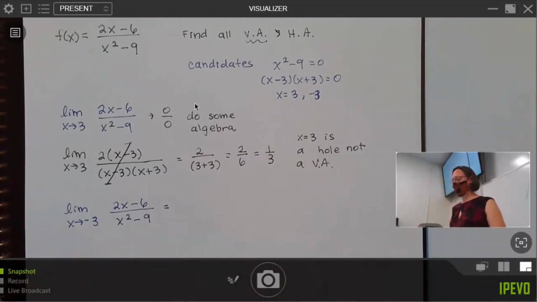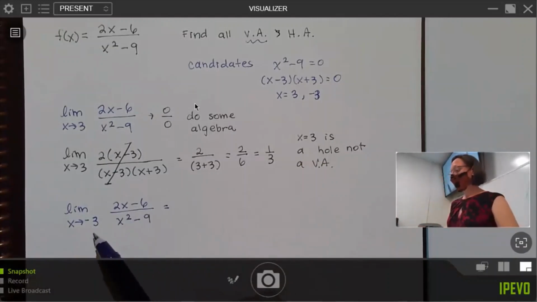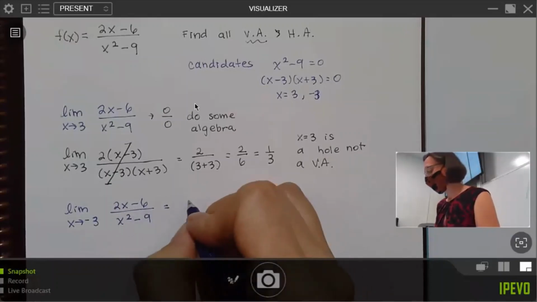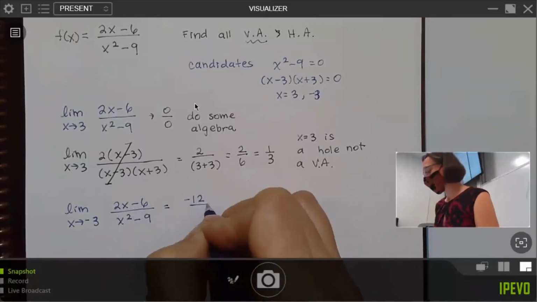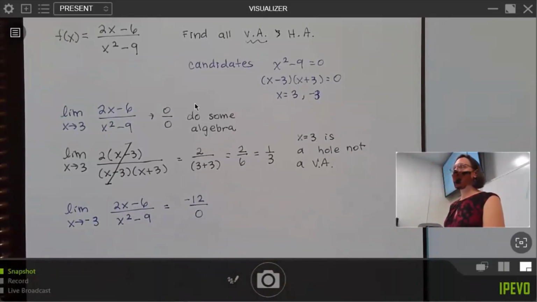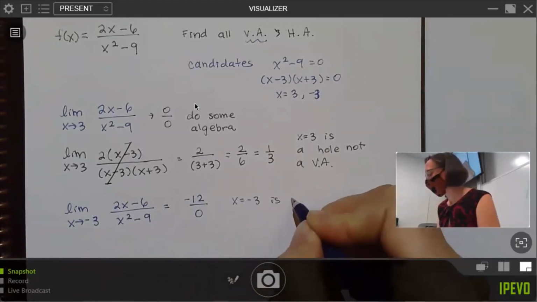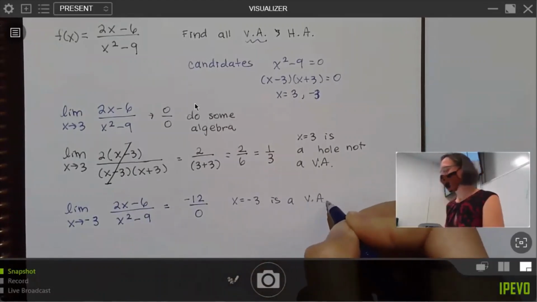I'm just doing extra stuff. If I plug in -3 on the top, 3 times -3 would give me -6 minus a 6, so I get -12 over 0. That's actually enough for us to know that this is a vertical asymptote, because I got a number over 0. So x equals -3 is a vertical asymptote.